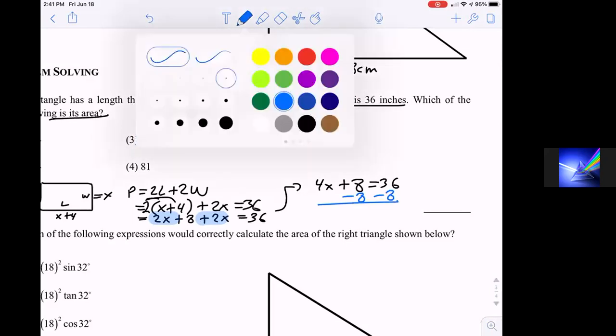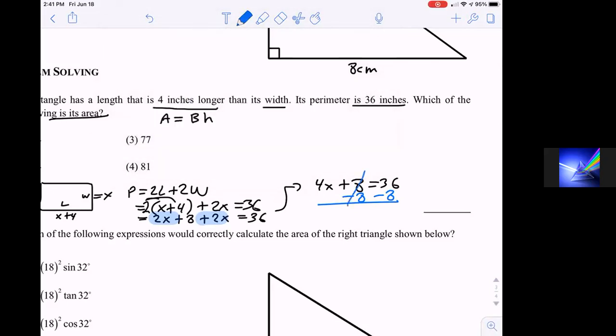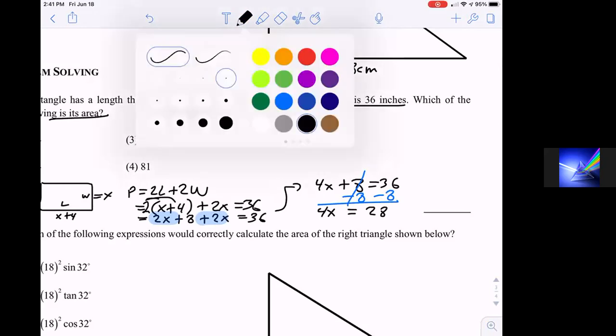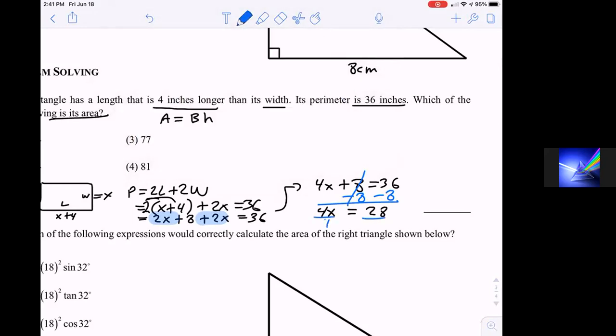Subtract 8. And if we rewrite this, 4x equals 36 minus the 8, or 28. Go ahead and divide away the 4. And the width, x, which is the width, equals 7.